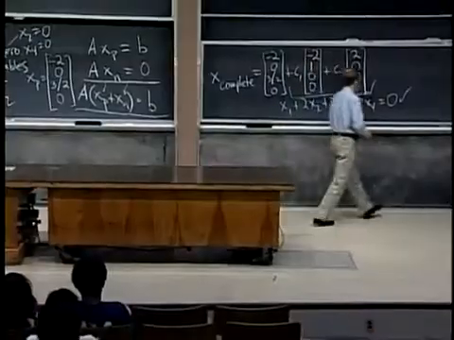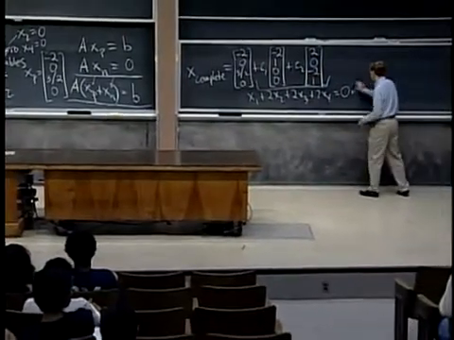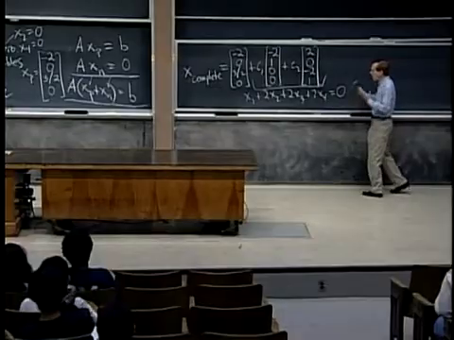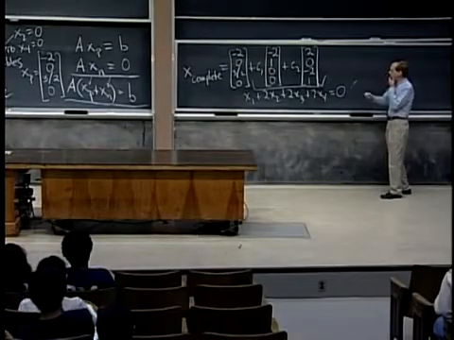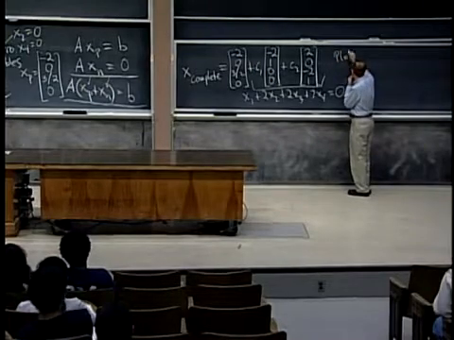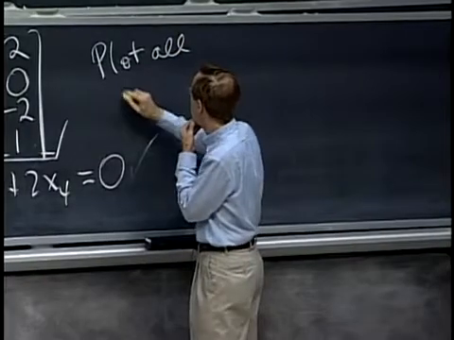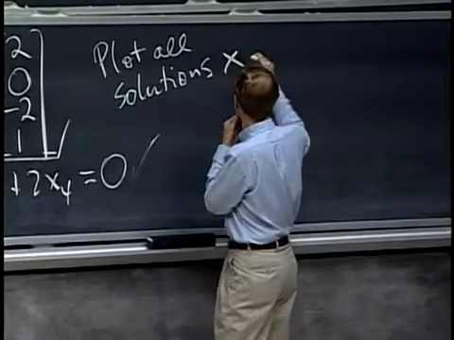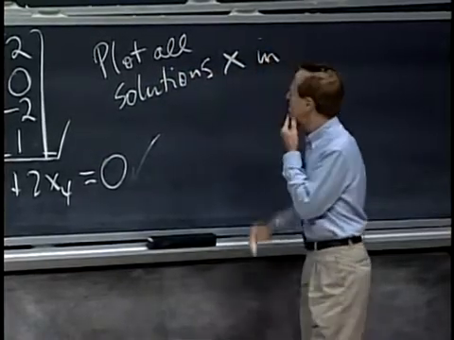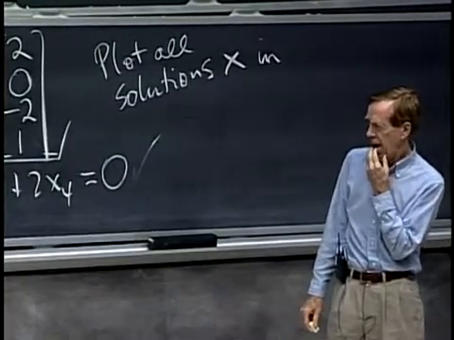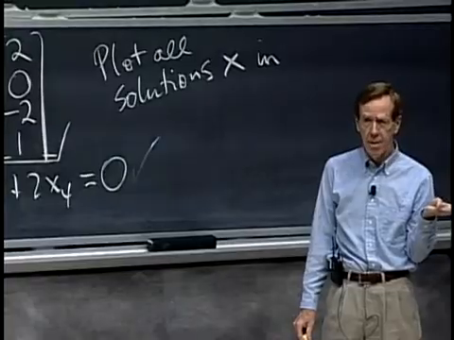Let me draw it. I want to graph all this, I want to plot all solutions. Now, x. So what dimension am I in? This is an unfortunate point. How many components does x have? 4.